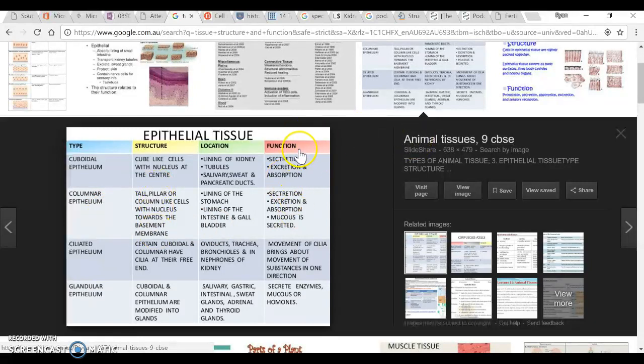This is exactly what I want. What's the structure? Well, they're tall, pillar or column-like cells with a nucleus towards the basement. Where is it? Lining of the stomach, lining the intestine and gallbladder. So if I'm doing the digestive system, this is where I'm going. There's the function. So all of these things, this is my way of finding out what tissue I should be finding.